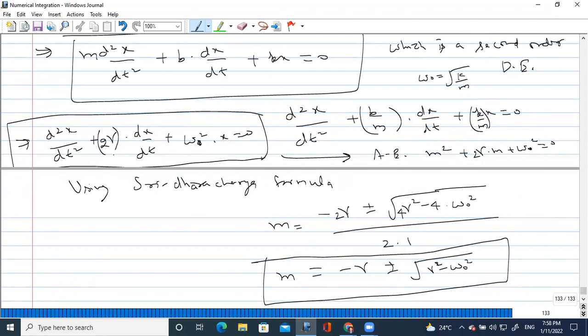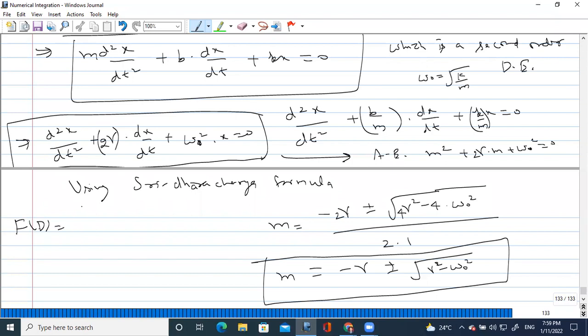Here b by m, I am putting 2 gamma. What is your doubt? How are we getting m square? I told you, this is FD.